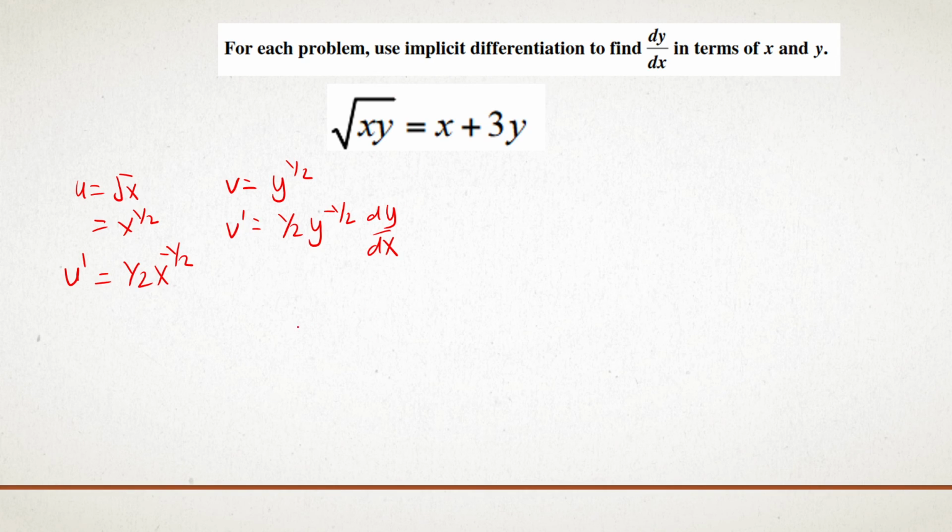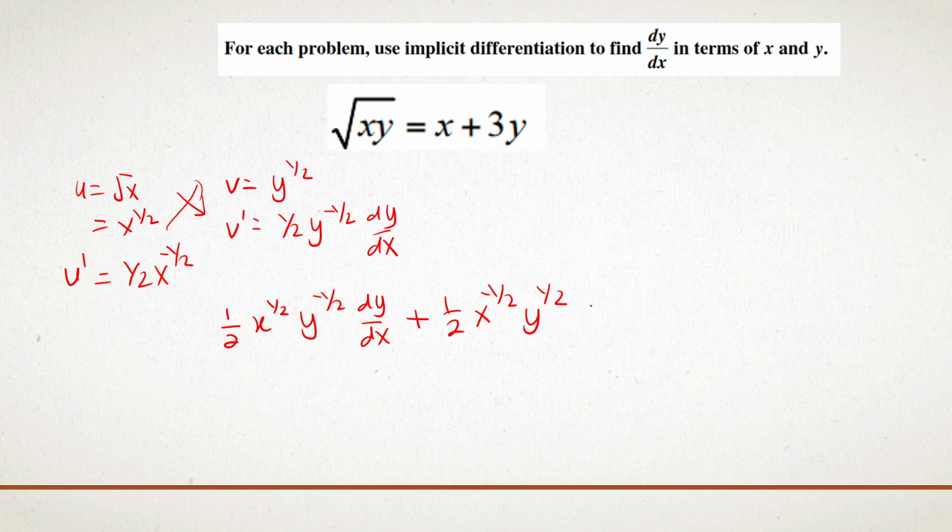So my left hand side will become uv prime plus vu prime. So I will have 1/2 x^(1/2) y^(-1/2) dy/dx plus 1/2 x^(-1/2) y^(1/2), and then equals 1 plus 3 dy/dx. It is kind of very messy because of the power of 1/2, but what you need to do is just be slightly patient.